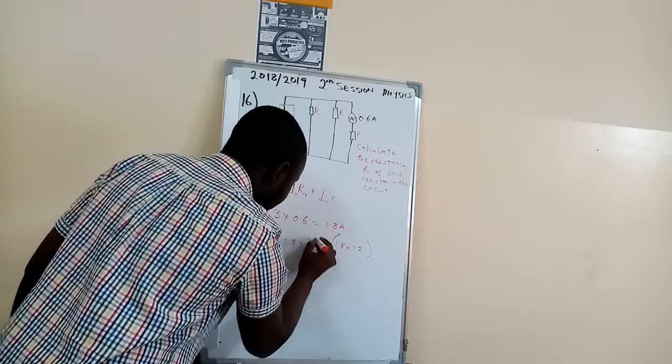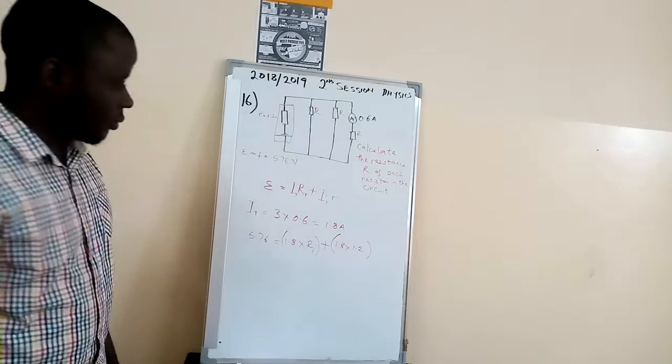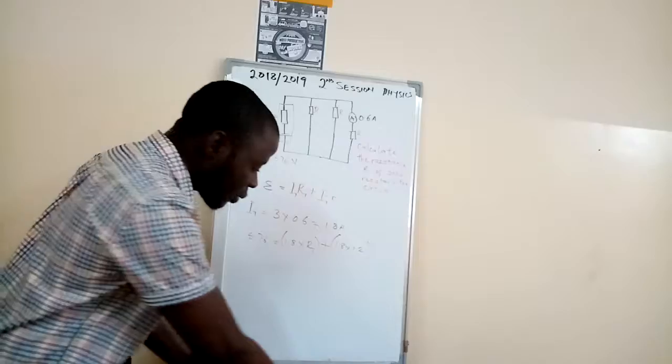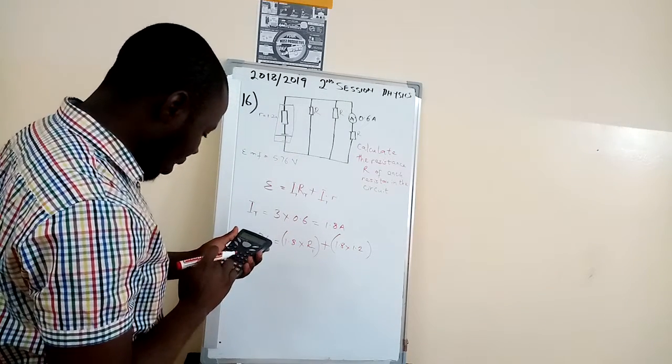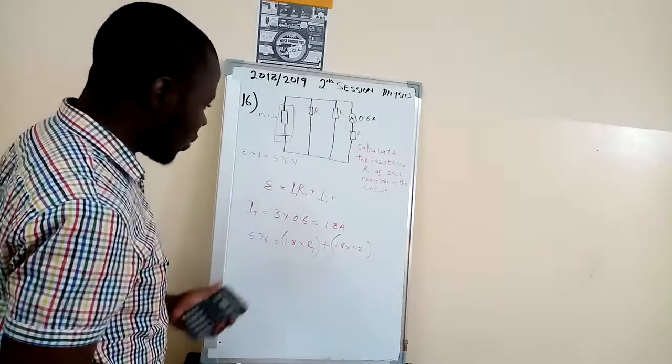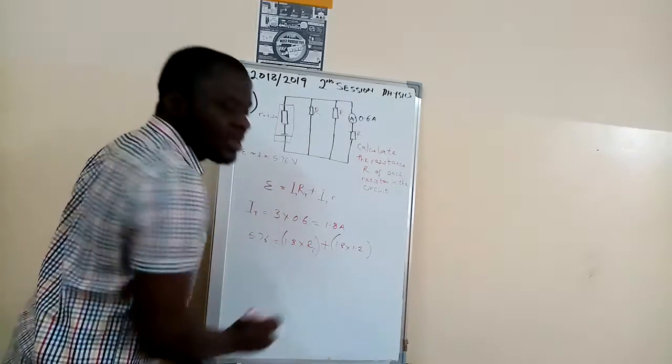Let me put this in brackets so that it will be very clear. Let me quickly do the arithmetic. I have 1.8 multiplied by 1.2. That will give me 2.16.